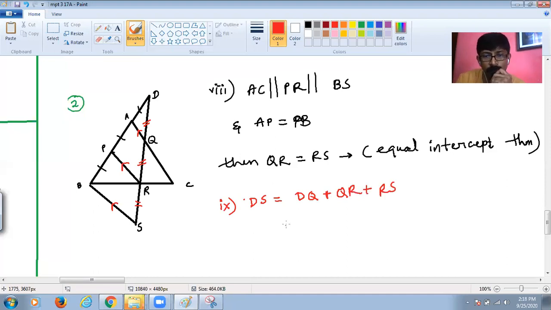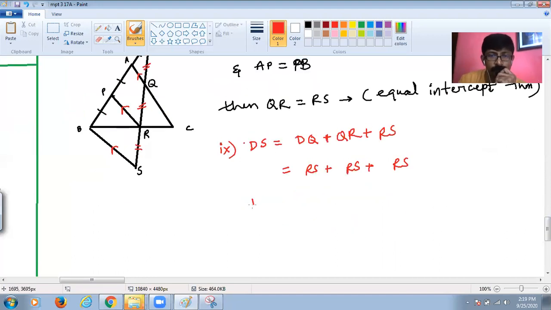Now we all can say that since QR is equal to RS, I can write RS here, RS here, and DQ was equal to RQ, and RQ is RS, so I can substitute RS there also. So RS plus RS plus RS, DS becomes 3RS, and that is what our ultimate goal was. So this is hence proved.